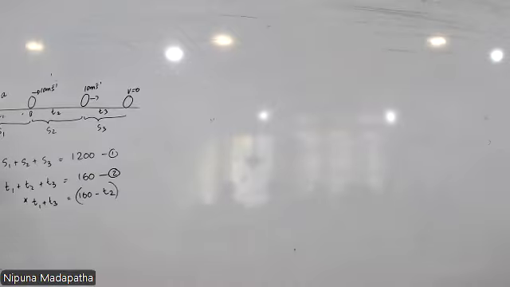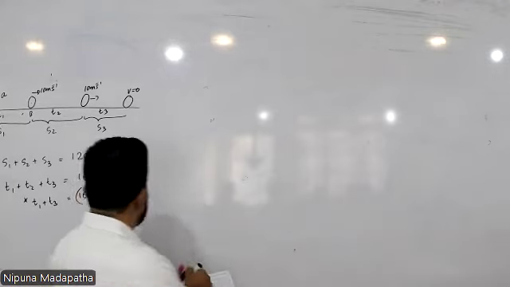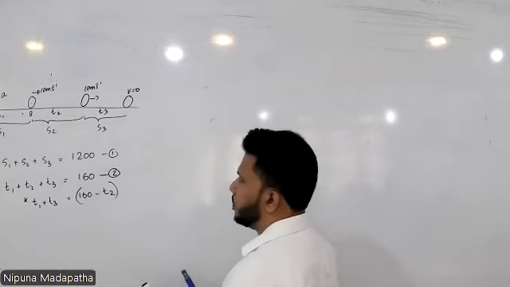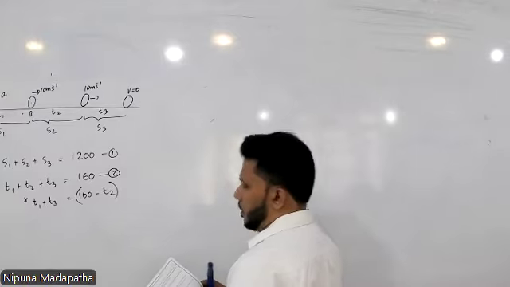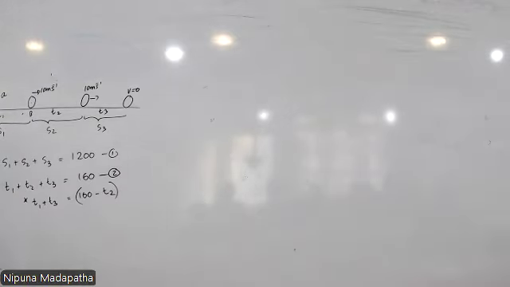Since we don't know the initial velocity, but here we know the final velocity after time t1, this is what we need to do. I'm going to take three equations for S1, S2, and S3.